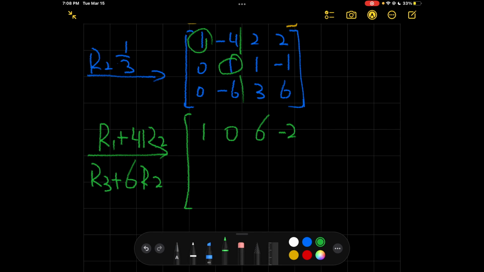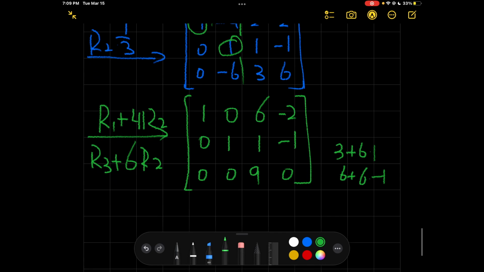And now we have 0, 1, 1, -1, and 0, 0, 3 plus 6 times row 2 is 9, and 6 plus 6 of -1, that'll be 0.